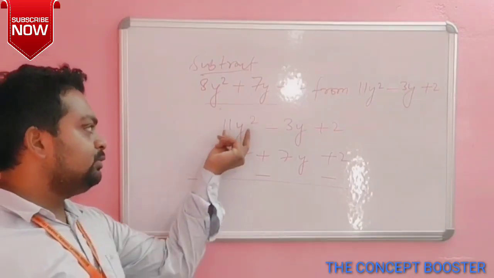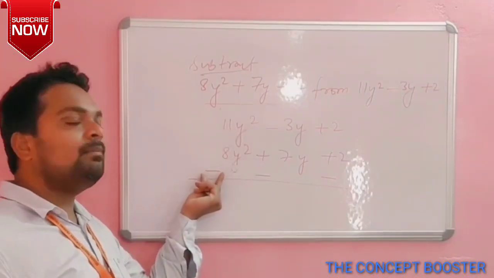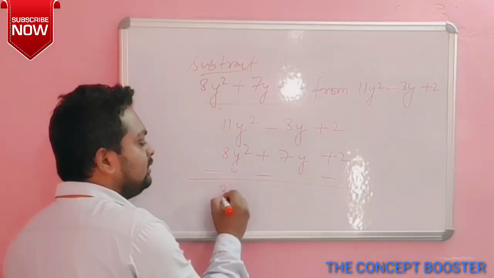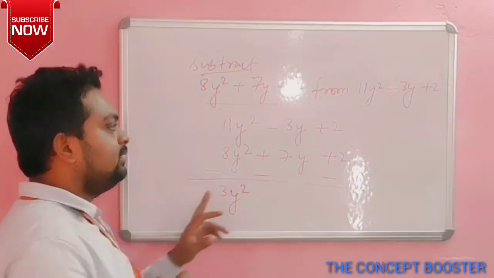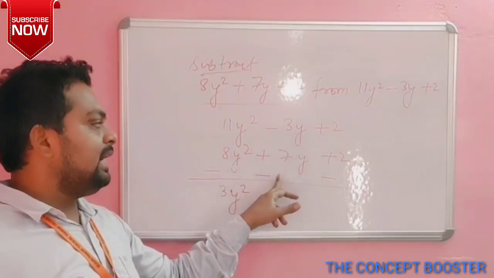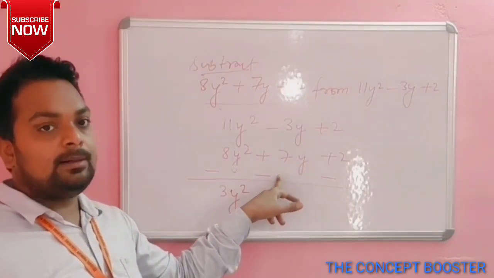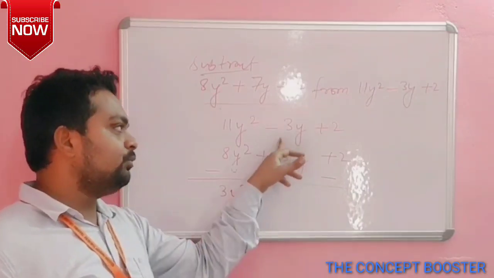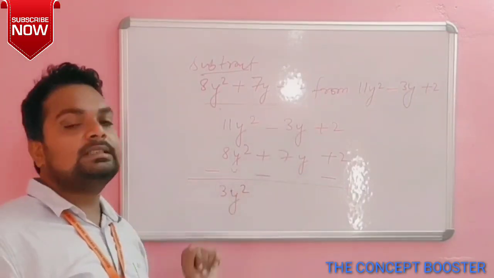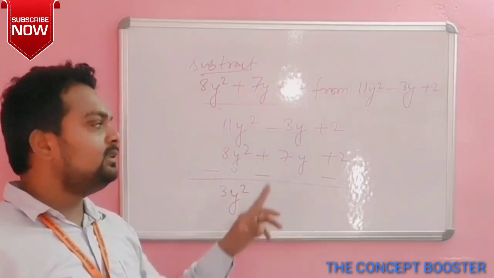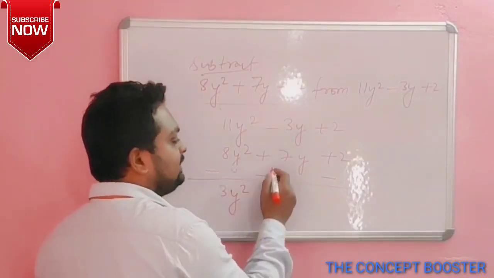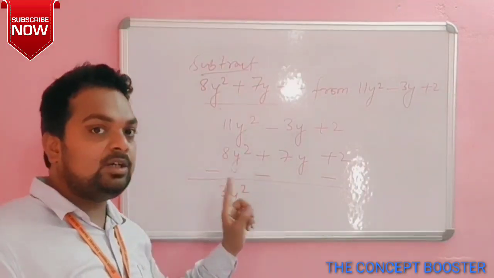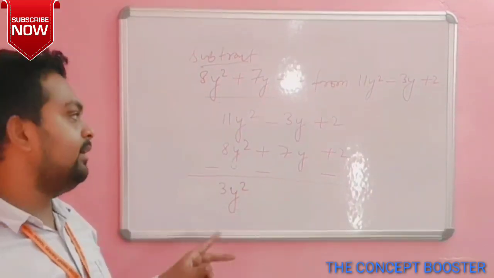Now you will do the process like 11 minus 8. So 11 minus 8 is 3y square, then it is minus, and here also we have minus. So I have told you, you have to add. For the addition we need to keep in mind the sign. Both the signs are minus, and 3 plus 7, so when the signs are similar we always add, but put the sign that is given there.